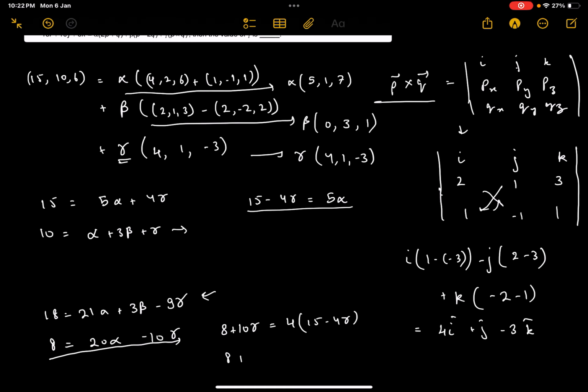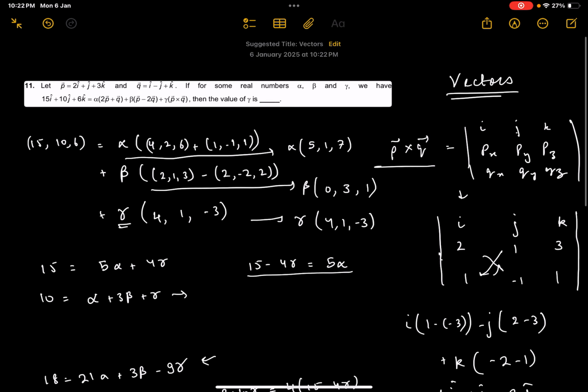This gives us 8 plus 10 gamma equals 60 minus 16 gamma, which gives us 26 gamma equals 52. Gamma is 2. So the answer is 2.